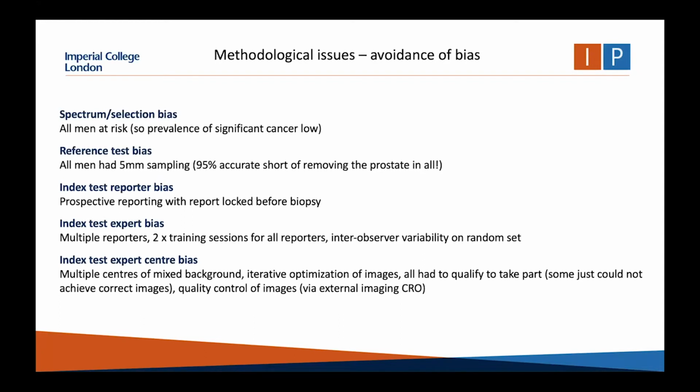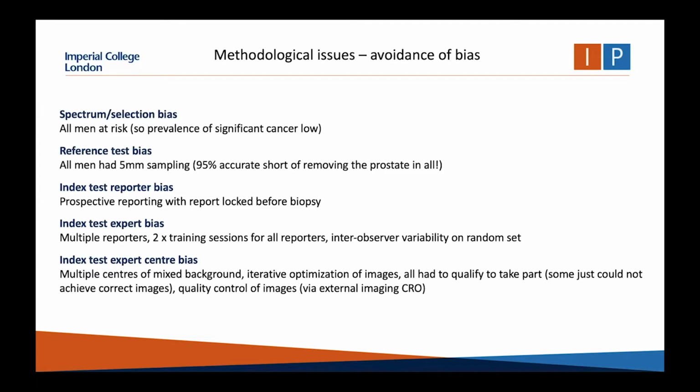Sue spoke about the biases, and the biases in this pathway were multiple. And I just want to go through these individually. Firstly, most of the studies up until that point were validating or comparing MRI to men who have had their prostates out. So those men had to qualify in two ways. One, they had to have had a biopsy already.